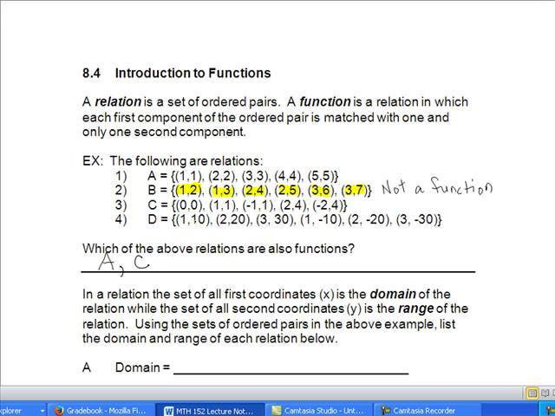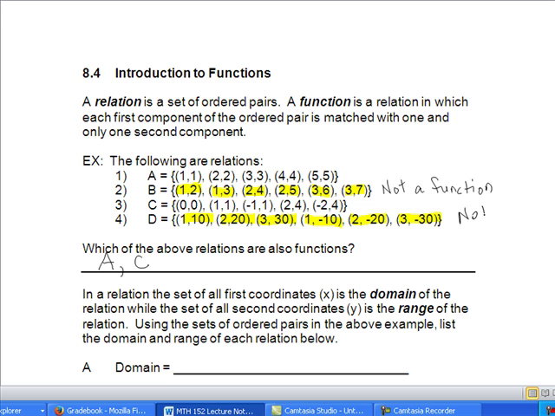So because we're seeing duplicates, that one is not a function. So A and C, rather, are the functions.